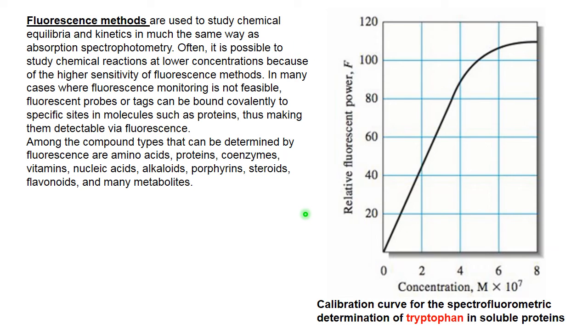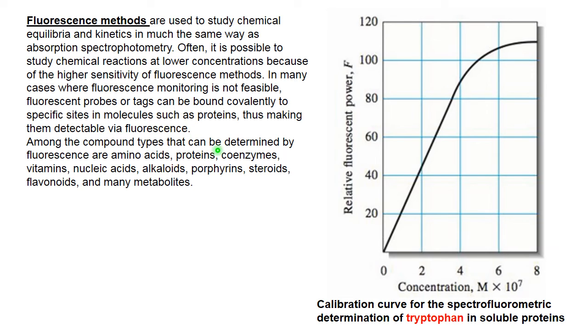Fluorescence methods are used to study chemical equilibrium, kinetics, and action the same way as absorption. Often it's possible to study chemical reactions at very low concentration because of the much higher sensitivity of the fluorescent method. In many cases, when fluorescent monitoring is not feasible, fluorescent probes can be bound covalently to specific sites of molecules such as proteins, making them detectable by fluorescence.